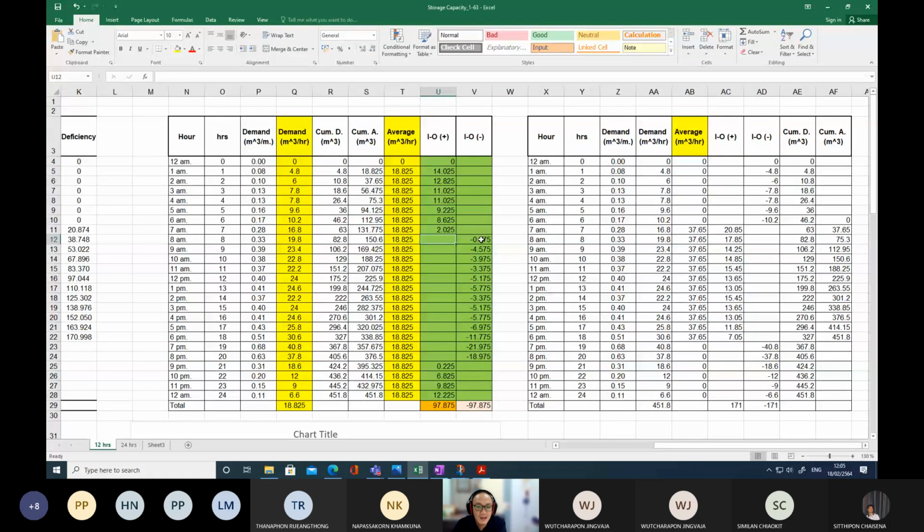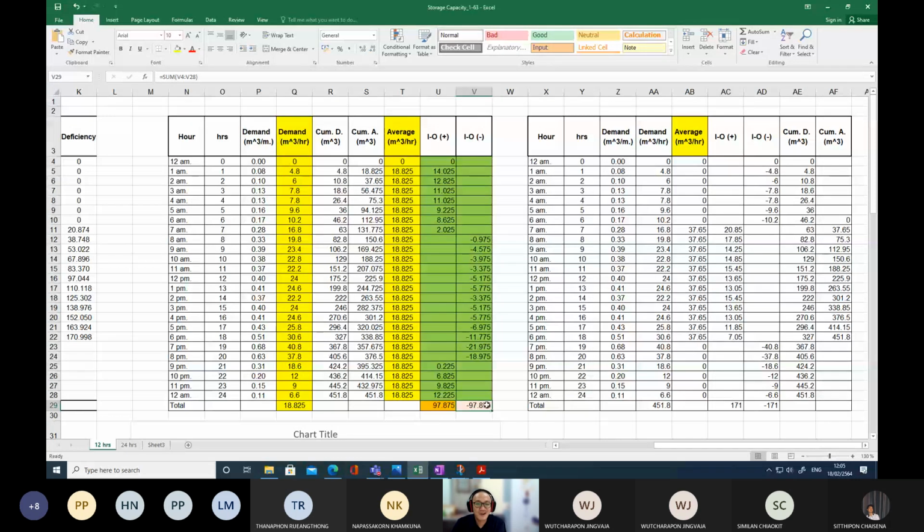But if you take this one minus this one, you will get the negative value. Basically, we will get both negative and positive values. But anyway, the summations of the negative and positive values should be the same.